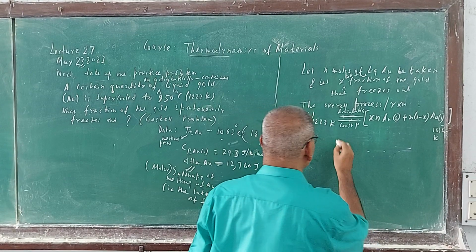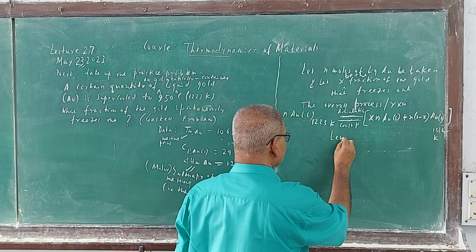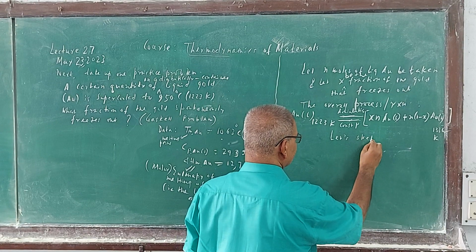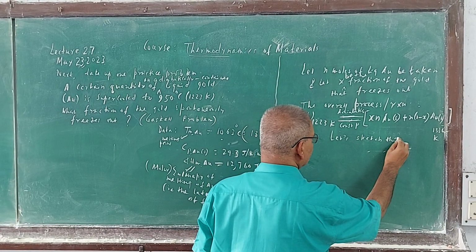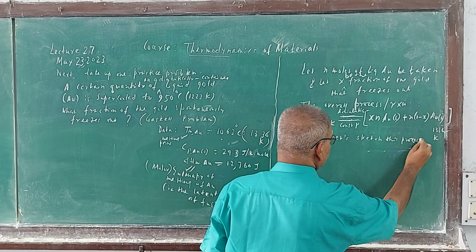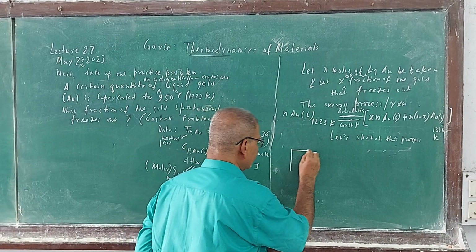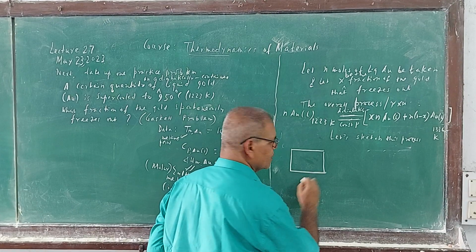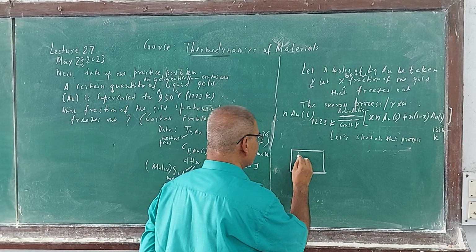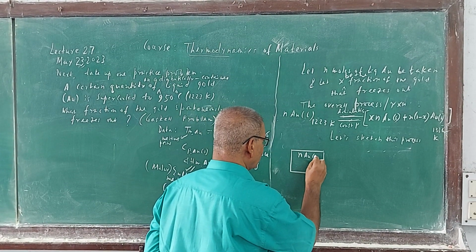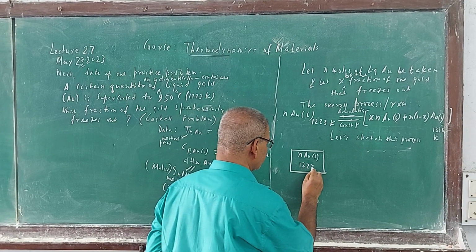I will sketch this problem. Let us sketch this reaction, this process. Start. Adiabatically contained. What have I taken? N moles of gold liquid. What starting temperature? 1223 Kelvin.